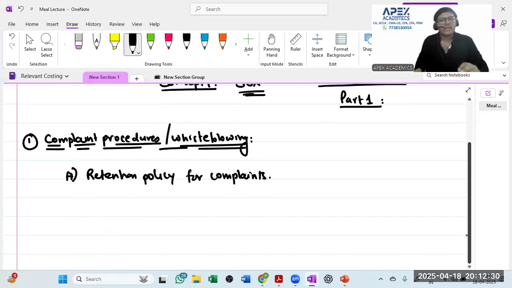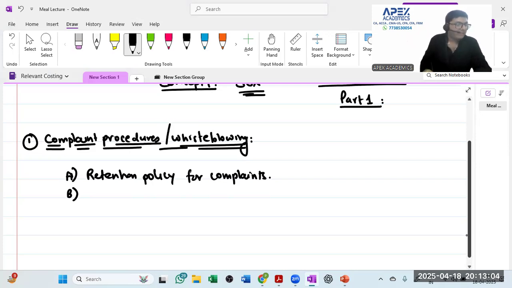The meaning is if anybody raises a complaint against a particular aspect in an organization, that complaint has to be retained by the company to understand that this is an area where complaints can arise. For example, there is a fear that fraud can happen in cash disbursal and cash payments, and there was a complaint made about it. There has to be a retention policy with respect to these complaints. These complaints have to be retained.